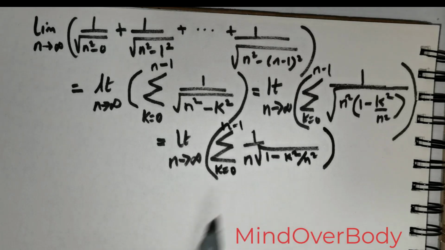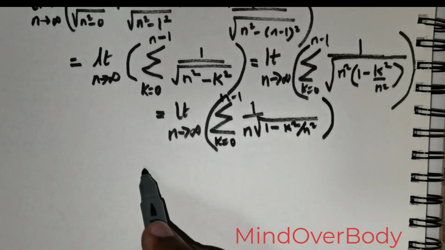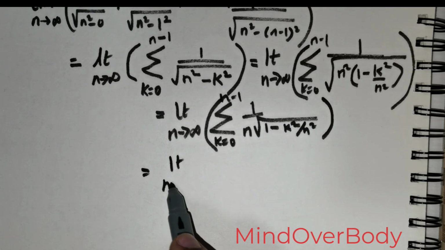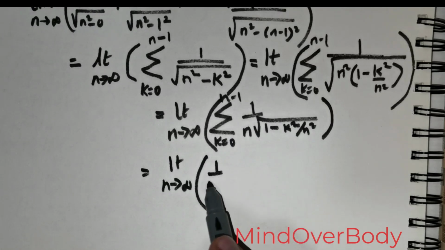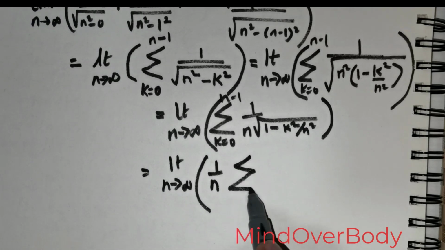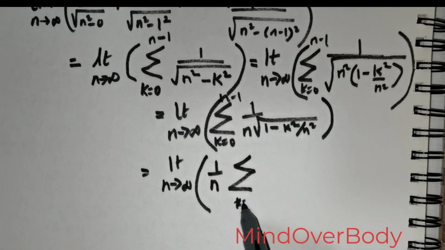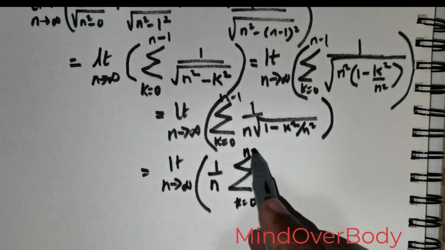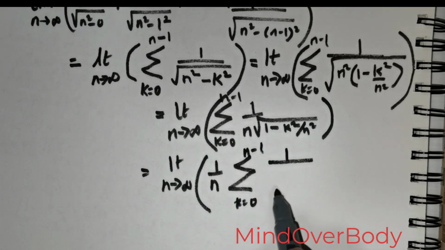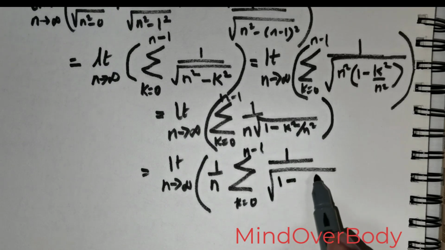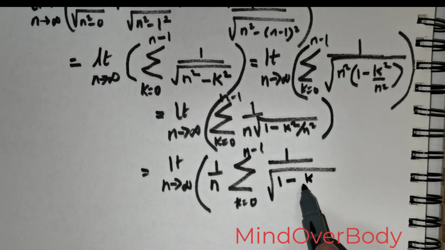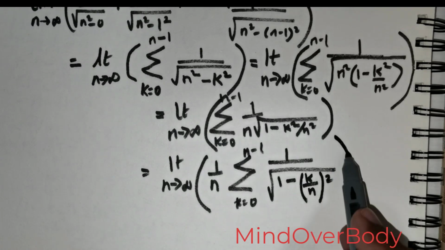Now this can be further rewritten as the limit as n tends to infinity of 1 over n, taken out, times sigma, k equal to 0 to n minus 1, of 1 over the root of 1 minus (k over n) raised to the power 2.